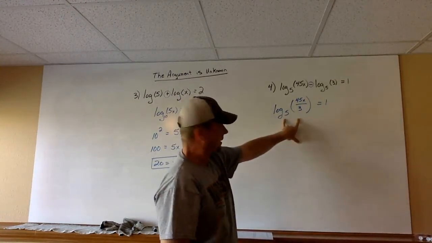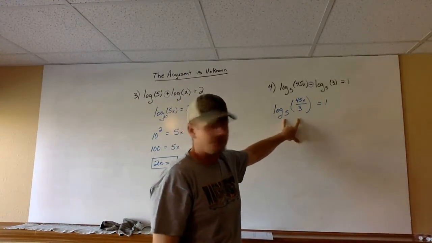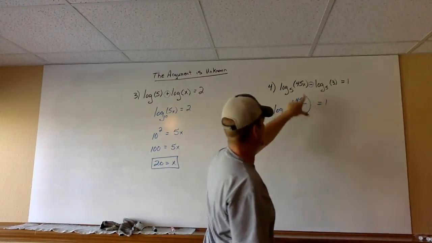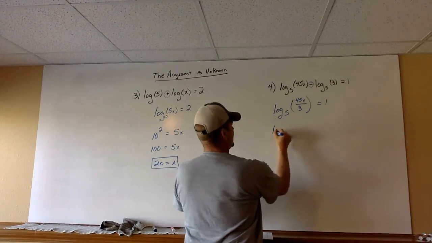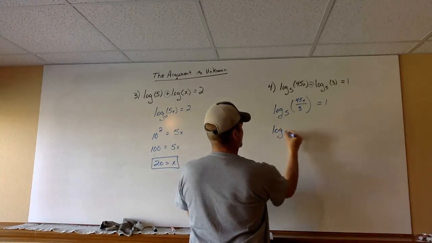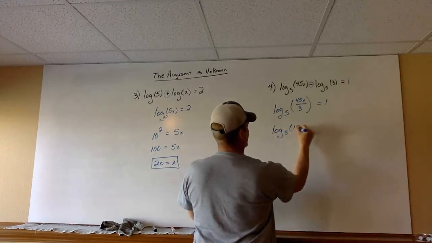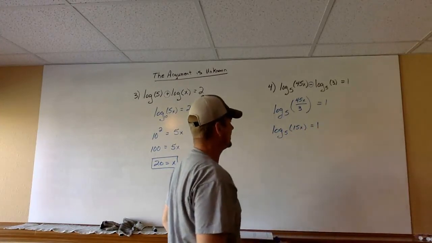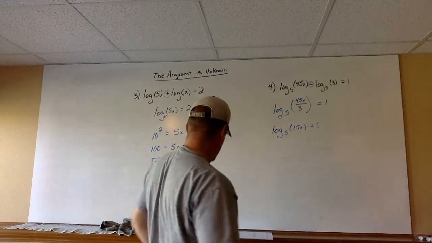I am down to one log, so I could change form, but look, inside this argument, I could simplify, because I know 3 goes into 45. So I really want to look at this as a log base 5 of 15x equals 1, because 3 goes into 45 15 times.